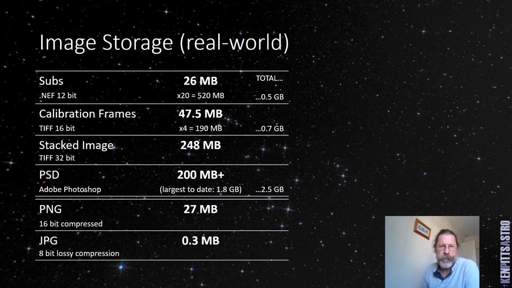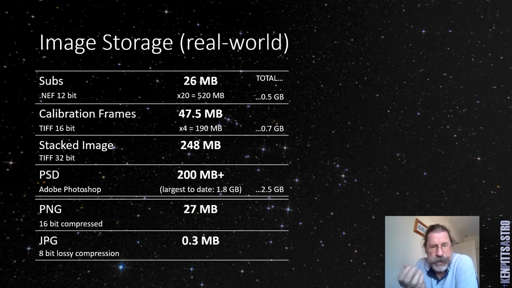So on my Nikon D600 I have a 24 megapixel camera and it produces 12-bit NEF files. Each one of them is typically around about 26 megabytes. So if I make 20 subs, that gives me 520 megabytes. It's half a gig of data. Then I have my calibration frames.